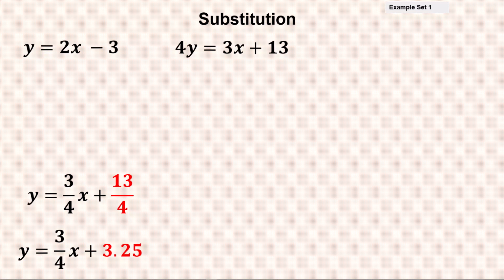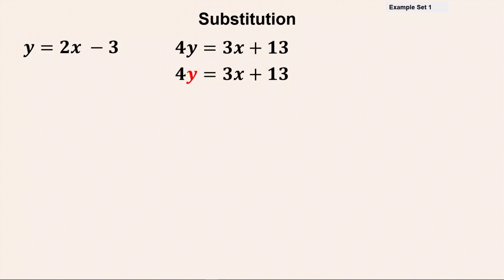When this is the case, you can use the substitution approach by replacing the y variable of the other equation with the right side value of the first equation, since that is equal to y. You are replacing the variable y with an equal value. The value of y is 2x minus 3, and that can take the place of y in the other equation.